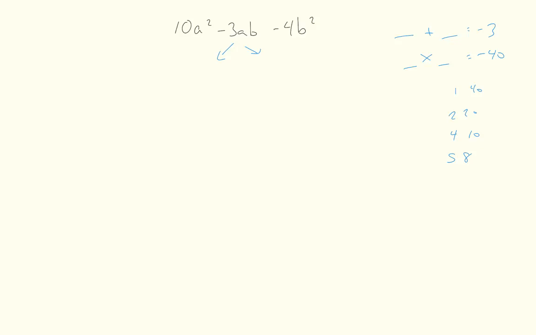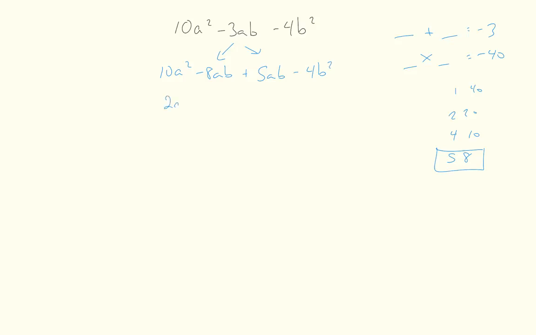So some combination that adds to negative 3, and I think here's the one that does. So 10a squared, it will have to be minus 8ab and plus 5ab minus 4b squared. Factor by grouping.